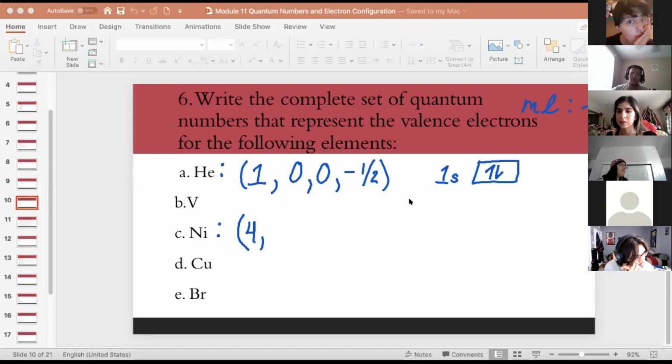So the far right ones will always have L equal to 1, and for the ones in the middle, where it's D that has 10 electrons, those will always be 2, and then F will always be 3.